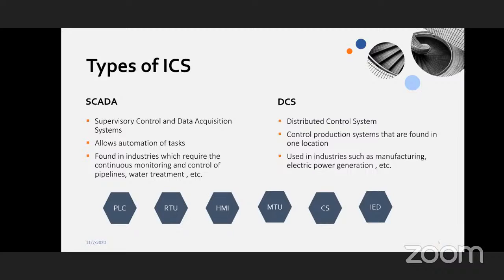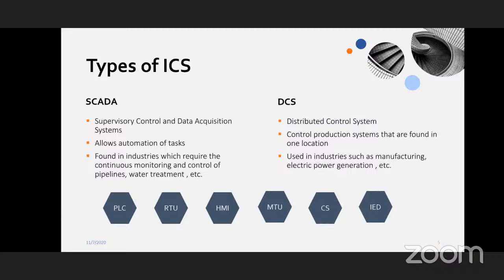This gives industry the ability to quickly assess production and operation data. And by using multiple devices within the production process, a DCS is able to reduce the impact of a single fault on the overall system. A DCS is commonly used in industries such as manufacturing, electric power generation, chemical manufacturing, oil refineries, and water and wastewater treatment.